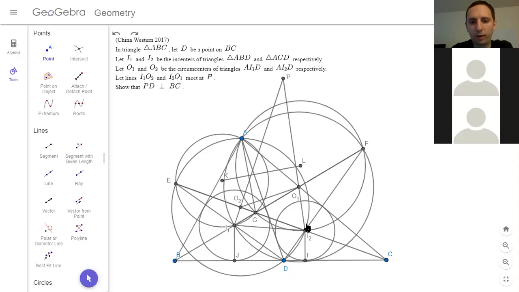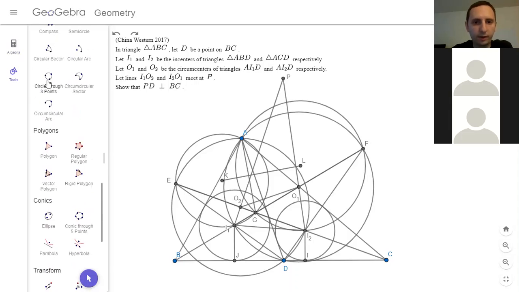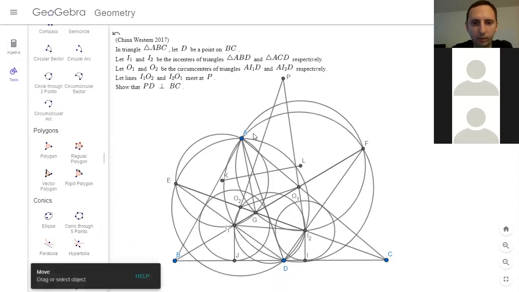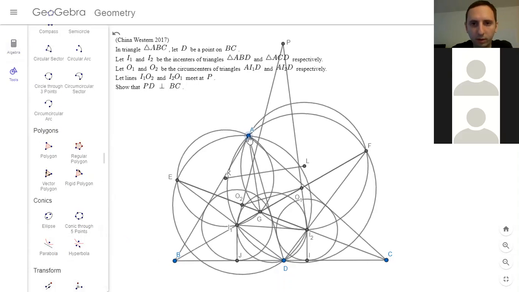Yeah, we know this is a right angle. I feel like there's probably even another circle we're missing, I bet. That looks like it passes through O2, but I don't think that's a coincidence.